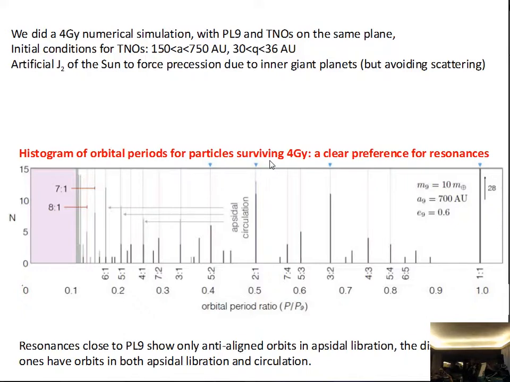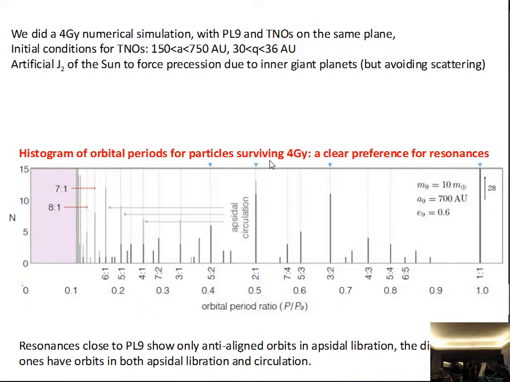But the more distant resonances, like the 3-1, 4-1, 5-1, and so on, can have both orbits in apsidal libration around P, but also orbits in apsidal circulation. So you can see also orbits with any kind of longitude of perihelion.